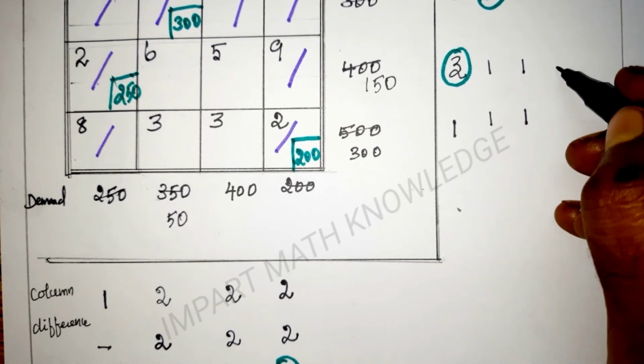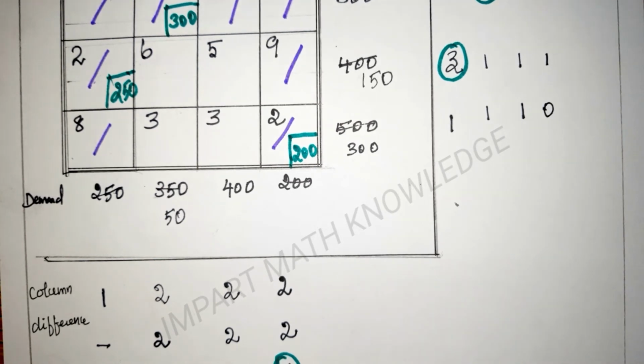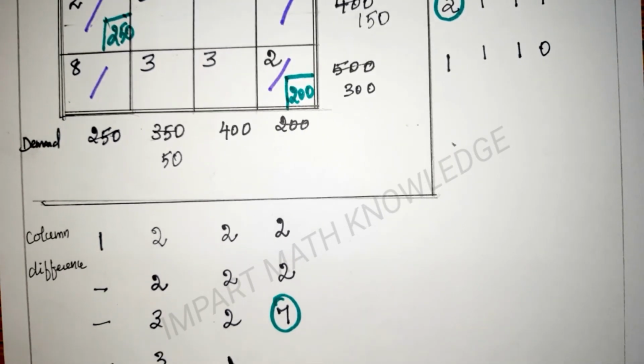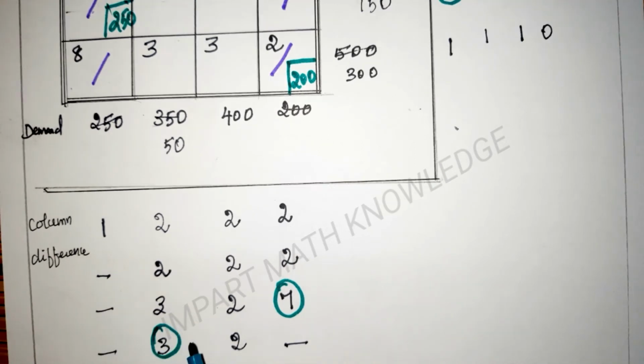Dash. Difference is 1 and difference is 0. Column wise you have to take the difference. There is no change. 3 and 2 and here dash. The highest penalty is 3. So in the second column we are going to allocate our value.